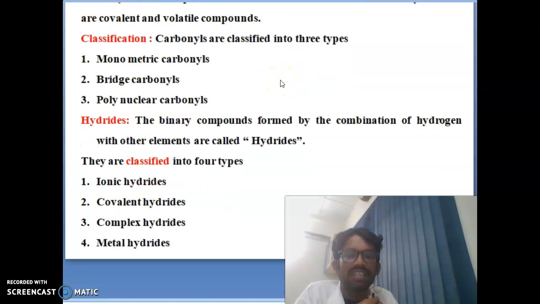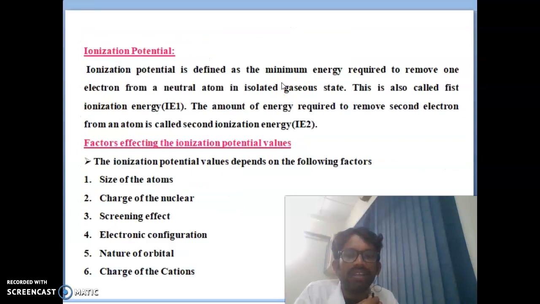You can see the next slide. What is ionization energy, and the factors affecting ionization potential values. The ionization potential is defined as the minimum energy required to remove one electron from a neutral, isolated atom in the gaseous state.